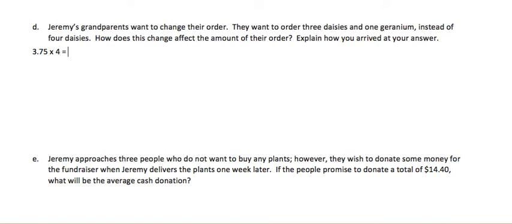That was the 4 daisies, and that was $15. Now they only want 3 daisies, which is $11.25. But they also want a geranium, which is $2.25. So their total now would be $13.50.